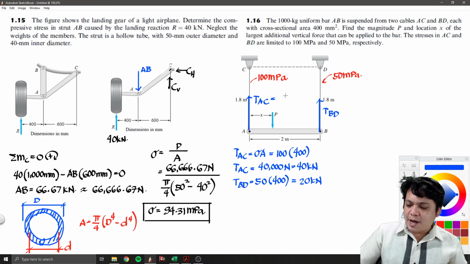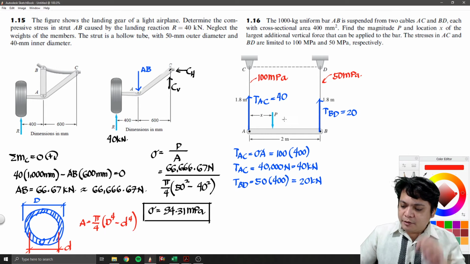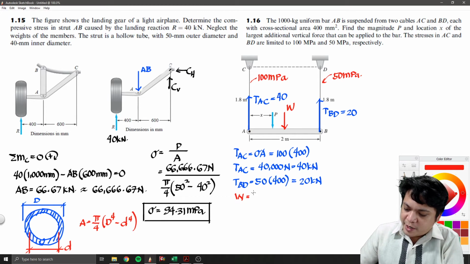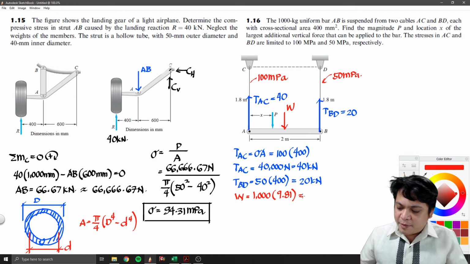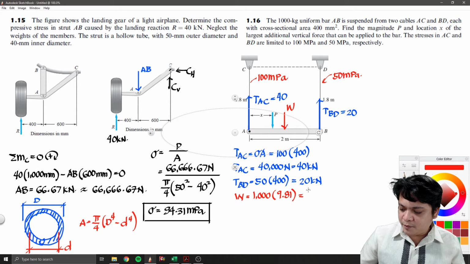So TAC is 40 and TBD is 20. I also have here the weight of the bar: 100 kilograms multiplied by 9.81, divided by 1,000 to make it kilonewton, so that's 9.81 kilonewton.